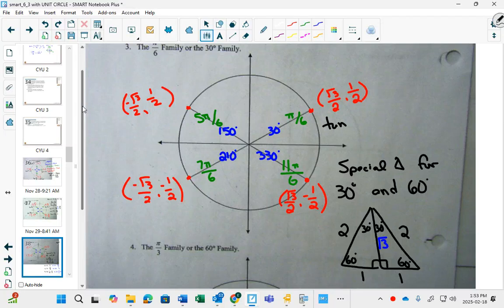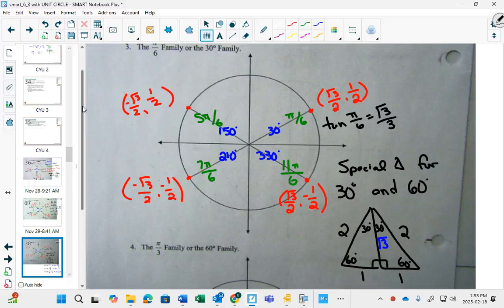Looking at my triangle, tan of pi over 6, or 30 degrees, was root 3 over 3. Technically, if you did sine divided by cos and divided your fractions, dividing fractions is like multiplying by the reciprocal, you would get the same number.